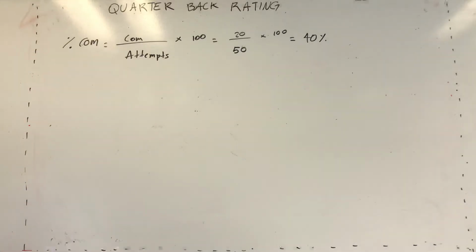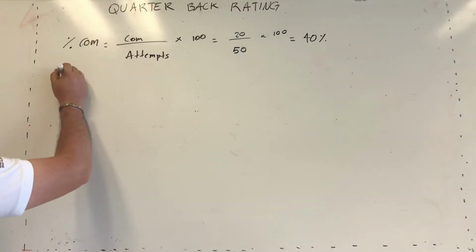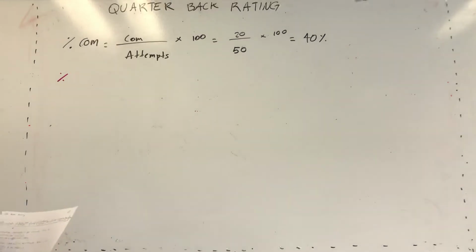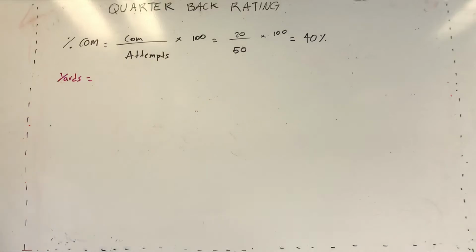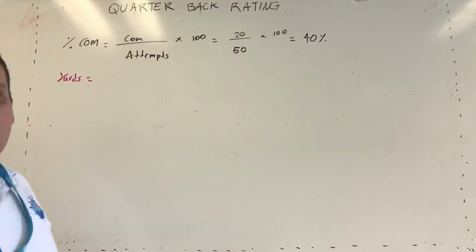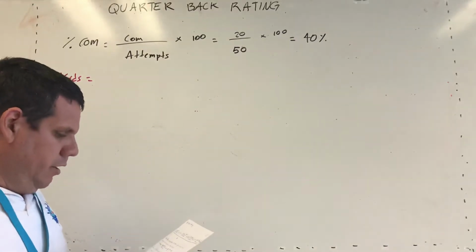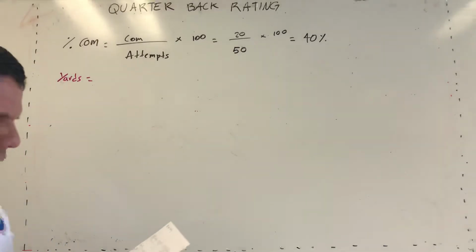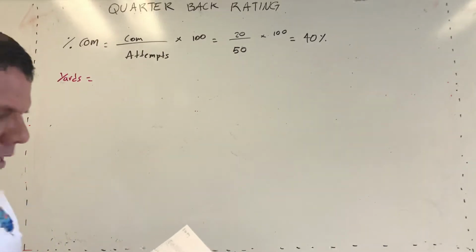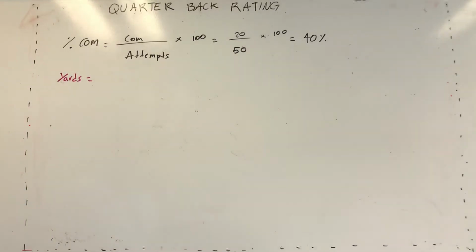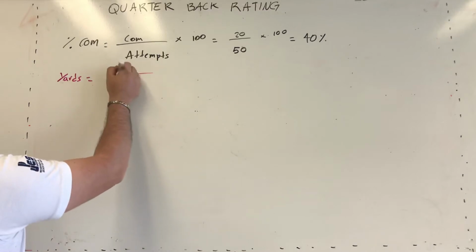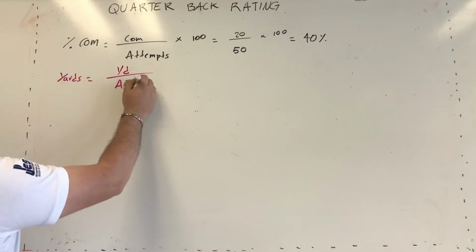All right, now another example, and this is for the average for yards, the yards that a player completes per attempt. Louis Johnson completed 559 yards in 72 attempts. What is his average? As I told you before, you need to divide the yards by the attempts.